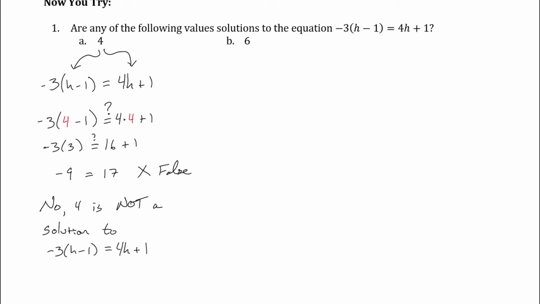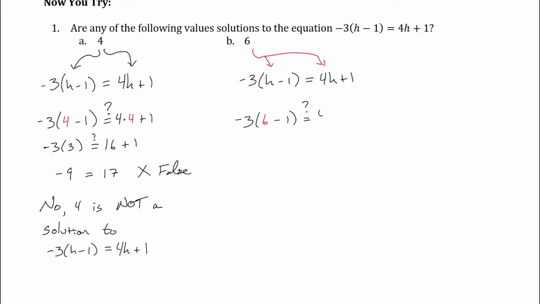All right, let's check 6 now. I'll rewrite the equation again. -3 times h minus 1 equals 4h plus 1. And we plug that 6 in everywhere we see an h. So I'm going to get -3 times 6 minus 1.